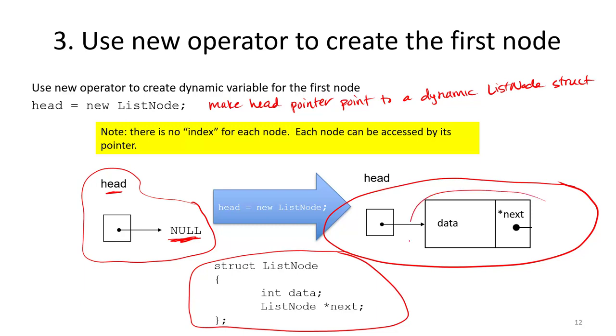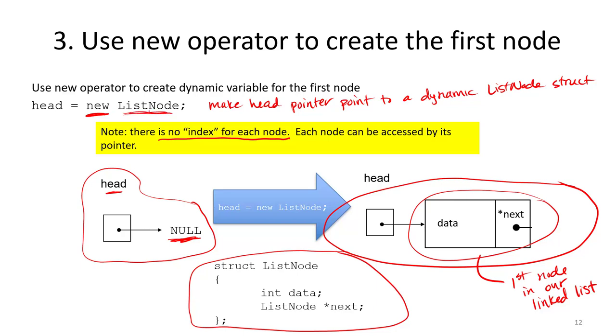And this listNode struct will be our first node in our linked list. Notice that we need to use the new operator because we're working with dynamic memory here. Also notice that there is no index. The only way that we can access this listNode is by using our head pointer.